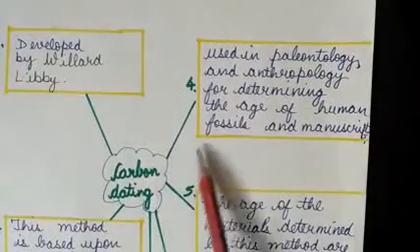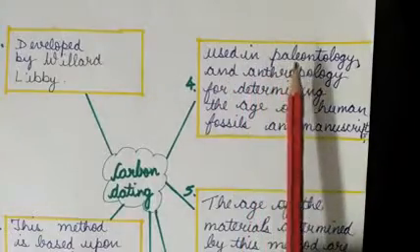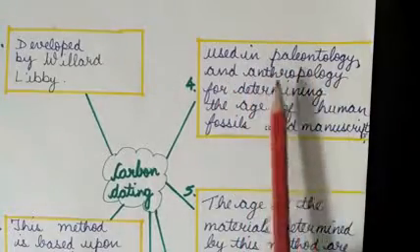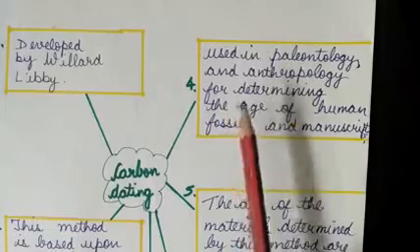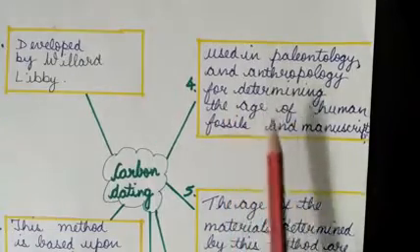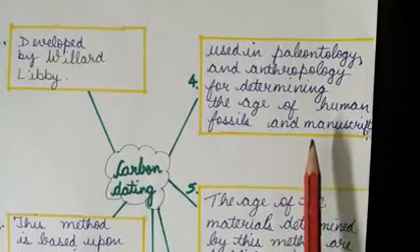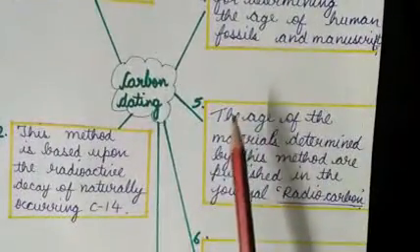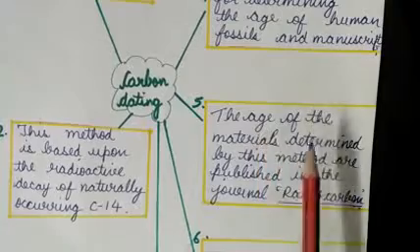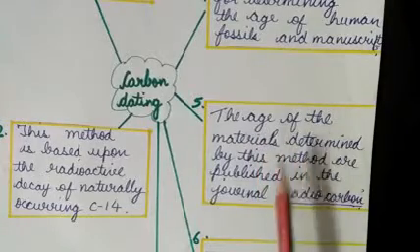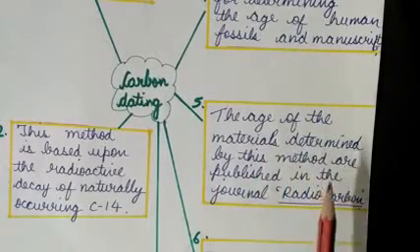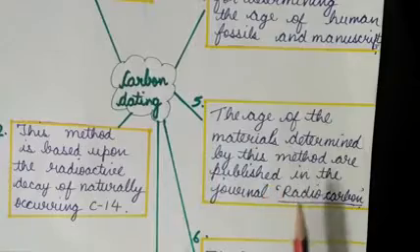This carbon dating method is used in paleontology and anthropology for determining the age of human fossils and manuscripts. The fifth importance is the age of the materials determined by this method are published in the journal Radiocarbon.